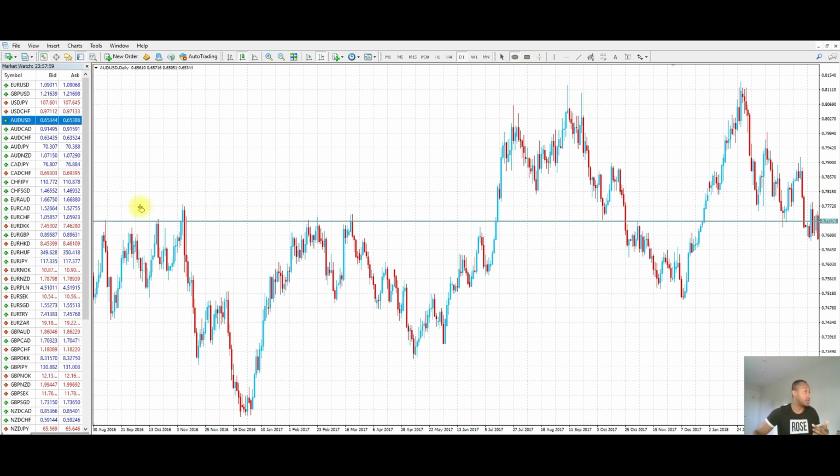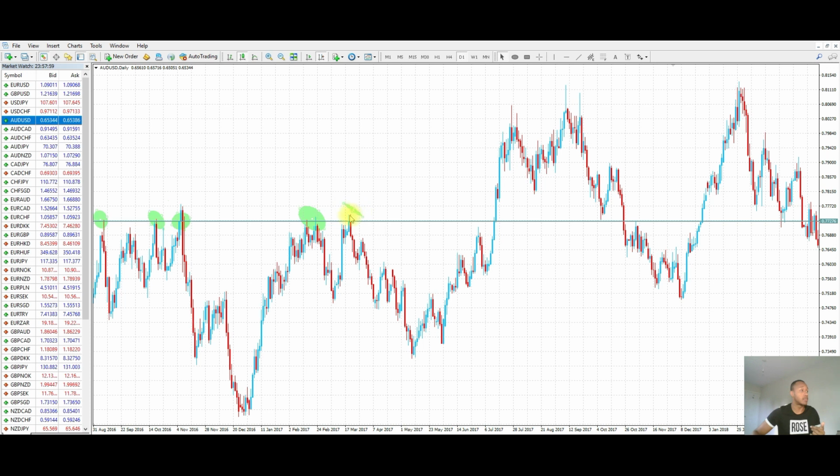If we look at this level here, you can see price came and touched it there, price came and touched it here, here, here, and then it broke through and came back to touch it here, and finally here. So you can see this level has had many touches and price has bounced off it a lot.